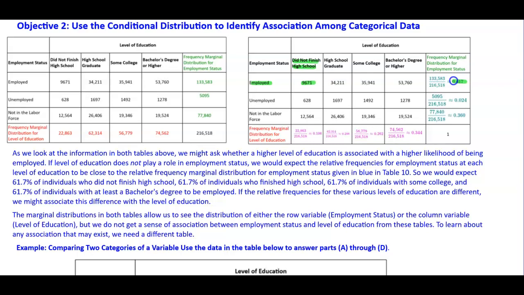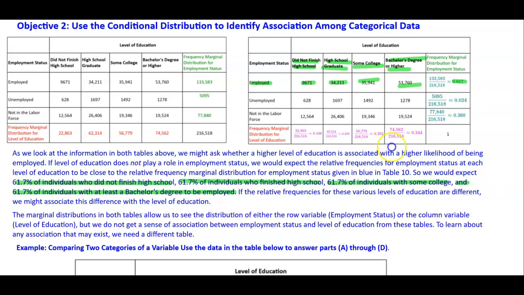We also know that 61.7% of individuals who finished high school, 61.7% of the individuals with some college, and 61.7% of the individuals with at least a bachelor degree would be employed.